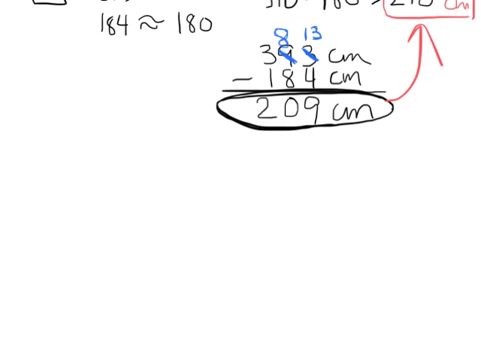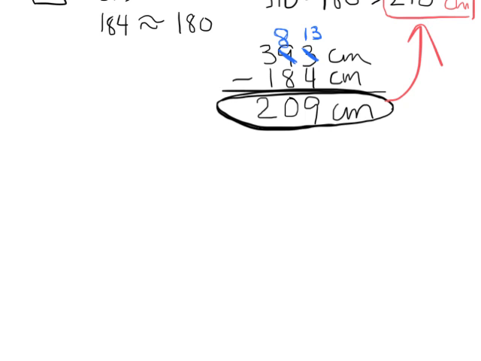If we were to look at the 10s, rounding to the nearest 10, so here we have 184, and it got bumped up. Oh no, wait, it actually got bumped down, didn't it? So it got bumped down to 180.